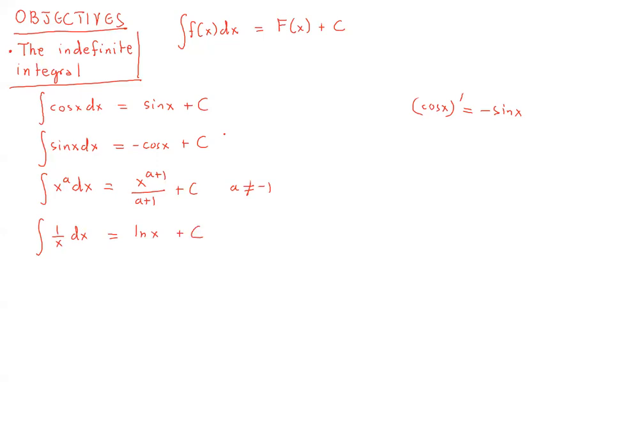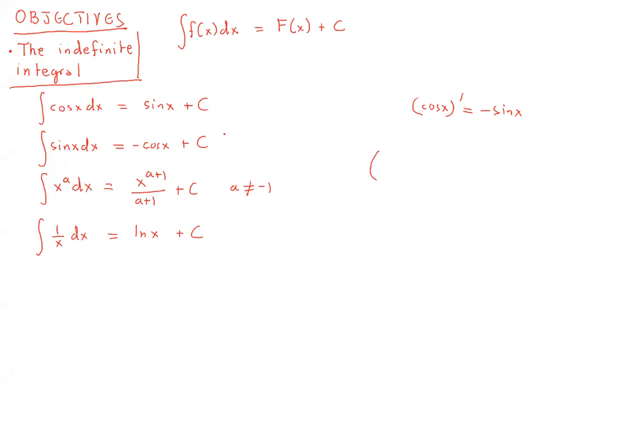The function 1 over x is defined for x different from 0. The function ln of x is defined for just x greater than 0. So it's as if we're missing a big piece of the domain of definition. It is as if this formula doesn't give the antiderivative for intervals of negative numbers. And of course, one might want to compute the integral over negative numbers.